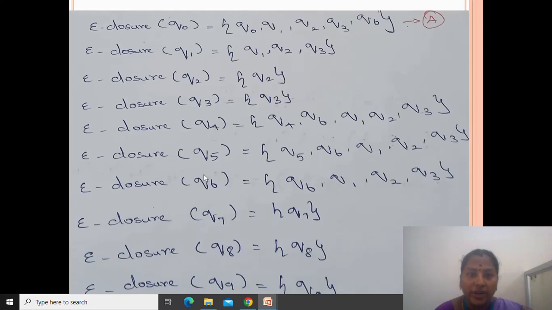First, from the initial state we want to find the epsilon closure of q0. Epsilon closure of q0 means you initially add the initial state along with wherever it goes on epsilon moves.